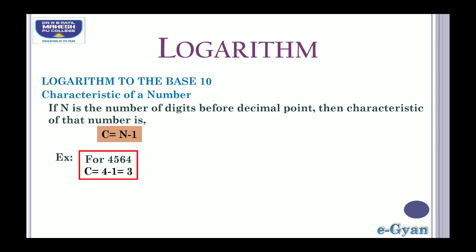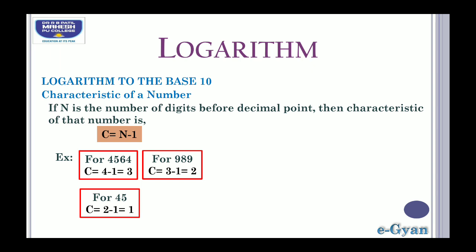So therefore before the decimal point there are 4 digits, and hence its characteristic is 4 minus 1, which is equal to 3. For 989, if I think of putting a decimal point, I should put it after 9. So therefore the number of digits before the decimal point is 3, and the characteristic is 3 minus 1, which is equal to 2.